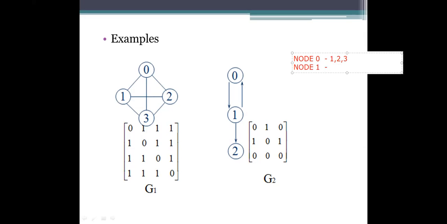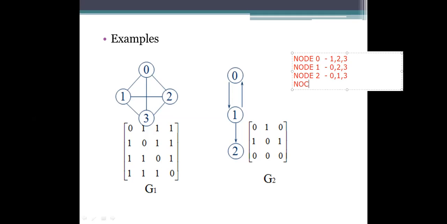To which nodes is it connected? 0, 2, 3. And coming to the next node, node 2. It is connected to 0, 1, 3.